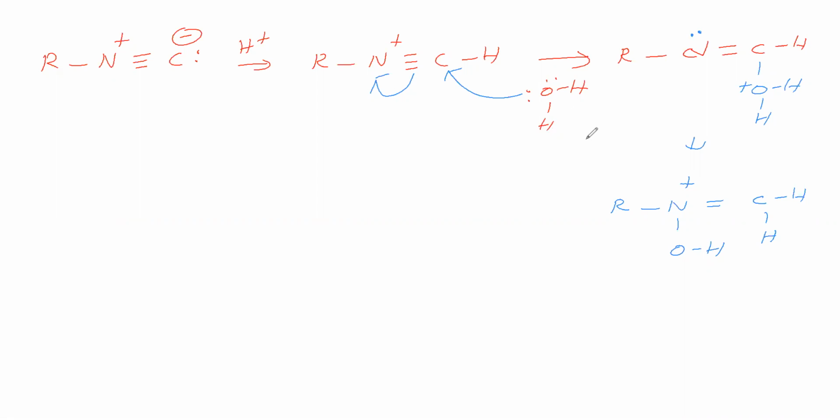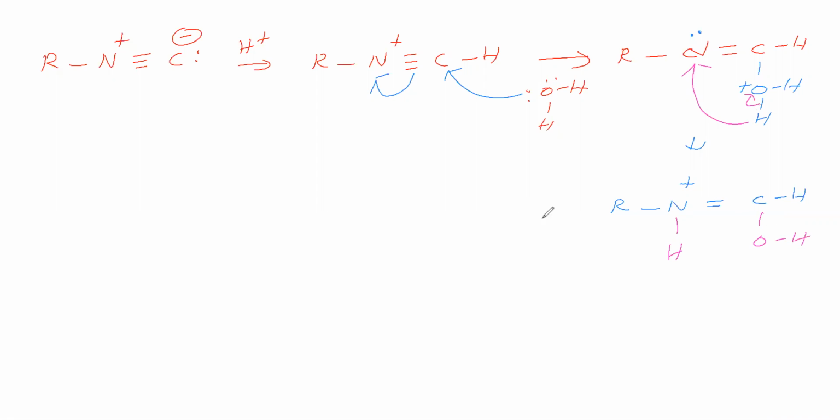Like this we will write. So next step, this bond is shifting, this H plus is attacking here. H plus comes here and OH is here. Like this we have written.